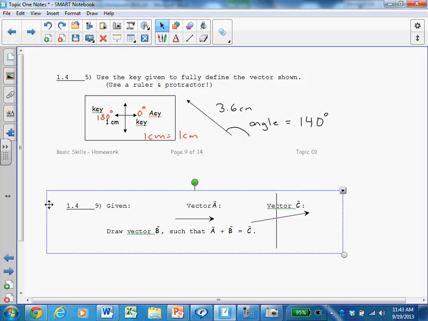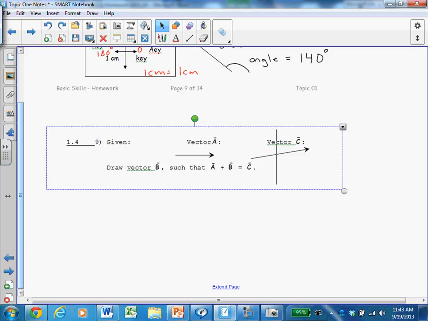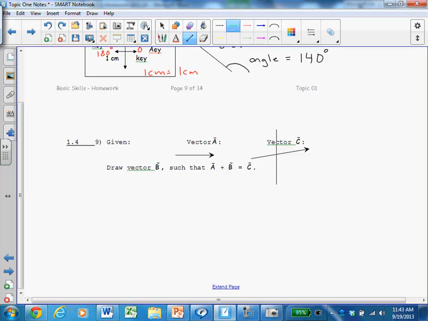And it says to draw this vector B such that A plus B equals C. Now, this is on the next page. So 10, right? 10 of 14. And it's 1.49. And now we want to draw B so that A plus B equals C.